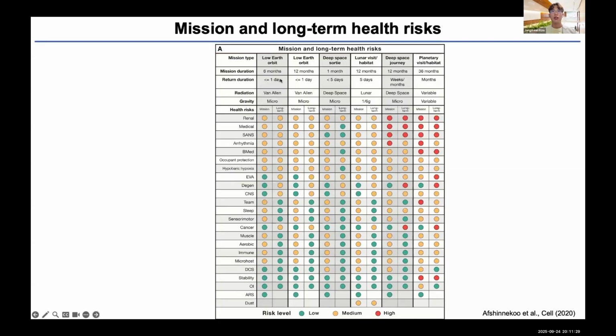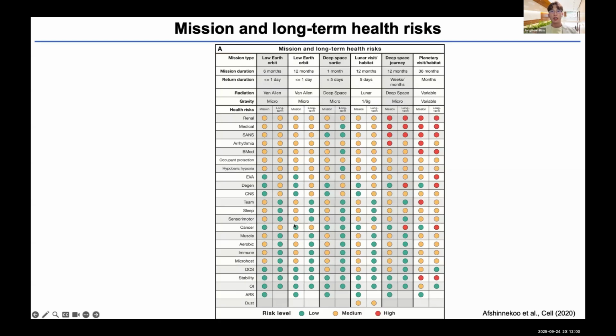It has been known that the screen might be a little bit small. Yeah, I can't enlarge it. So the basic idea is that the rows are the duration of the mission, and the columns are the different organ systems such as renal, arrhythmia, CNS, sleep, cancer, and muscle.